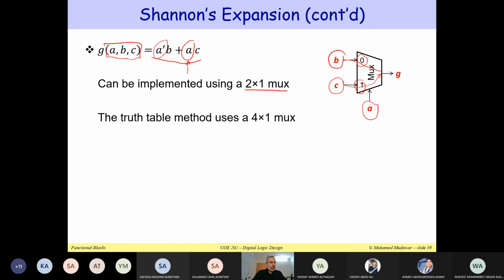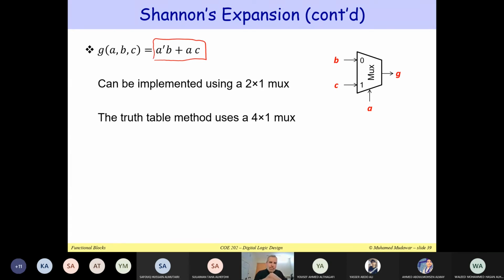Here we have used the Shannon expansion to express the function in a special way. Notice how the expression is written. It's written in this way to make it easy on us to implement the function.